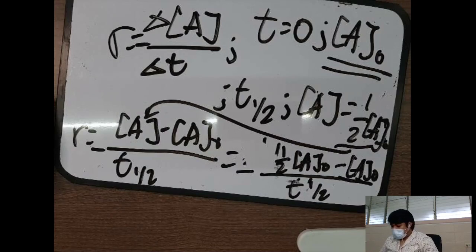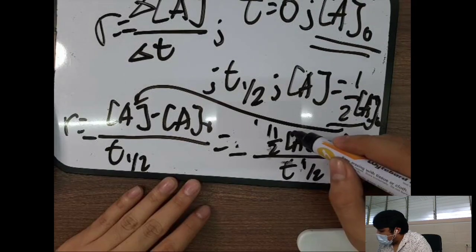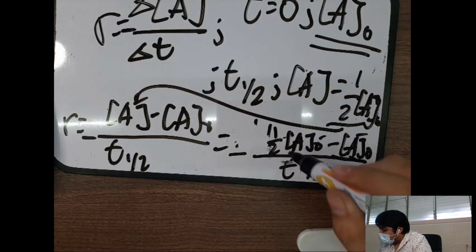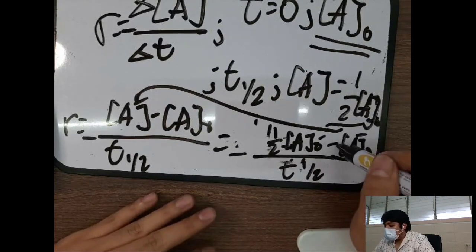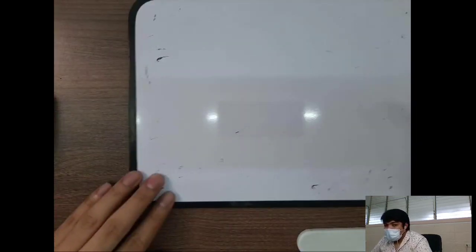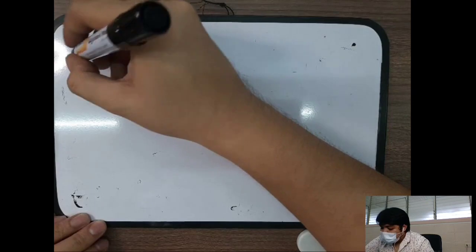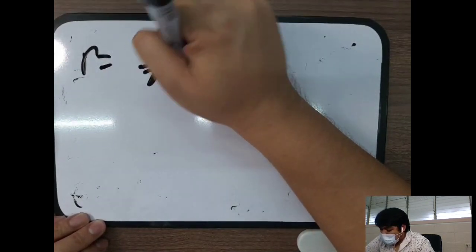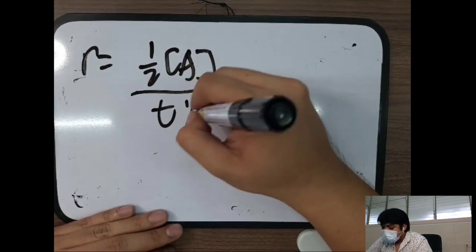Since these are the same variable, we can perform a subtraction operation with this directly. So 1/2 minus 1 is equal to negative 1/2, multiplied by the negative sign, which is negative 1. That will become 1/2 of A over T 1/2.